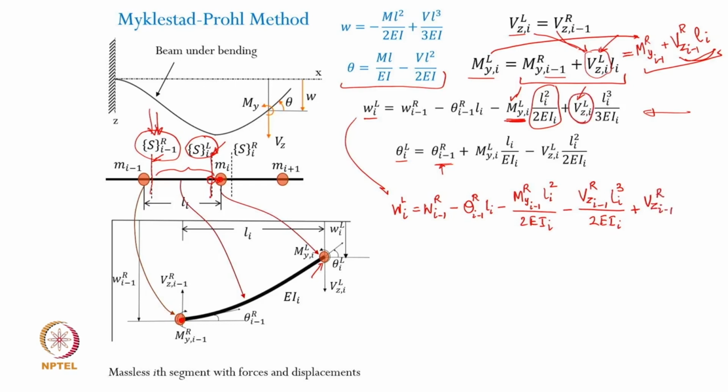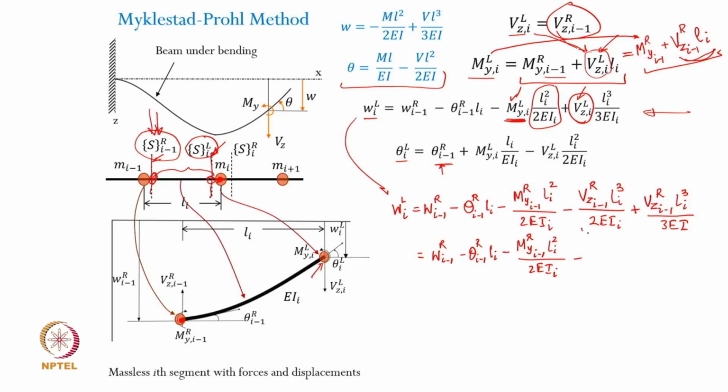So this is getting replaced by this, and then L_i cubed upon 3EI. Now you can look at all the parameters that I have on the right side of this equation, they have been obtained in terms of the state variables corresponding to this point, and I need to simply make a little readjustment of these terms.